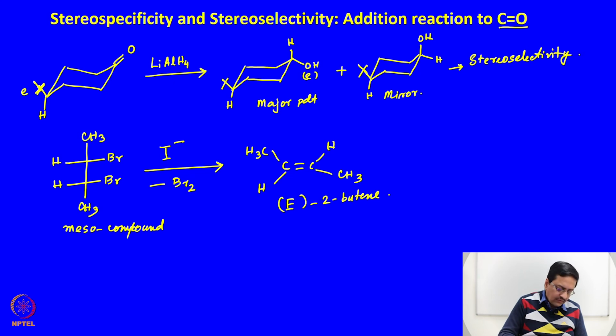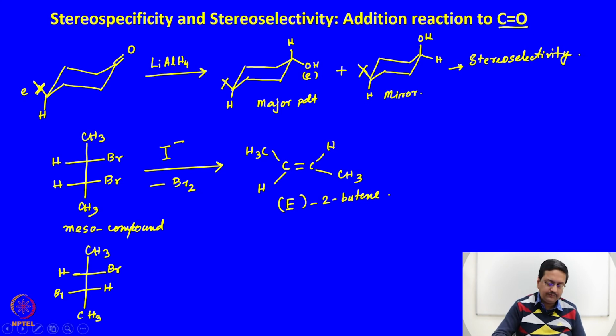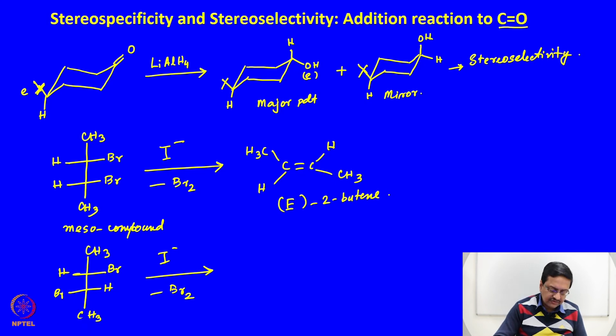But when we use a different substrate where the bromines are on opposite sides, which means it is one of the two optically active forms of dibromobutane, in the same reaction, the elimination of bromine leads to the formation of the corresponding cis isomer, that is the Z-2-butene.